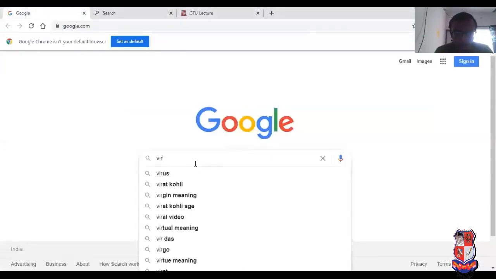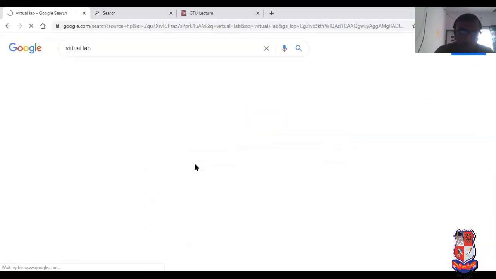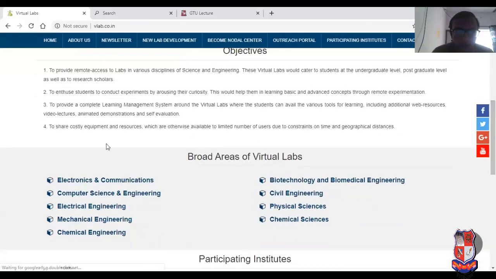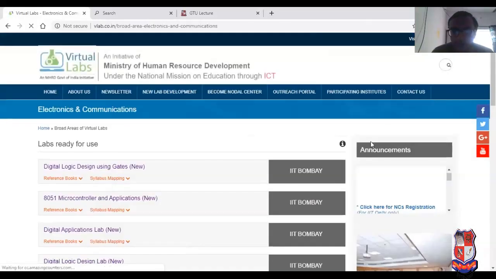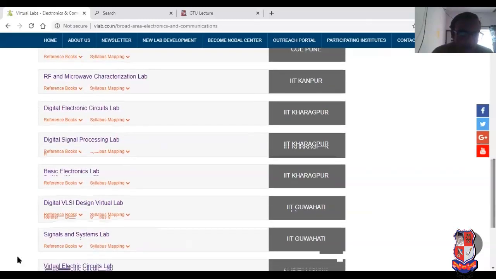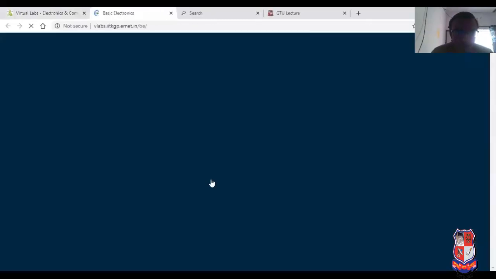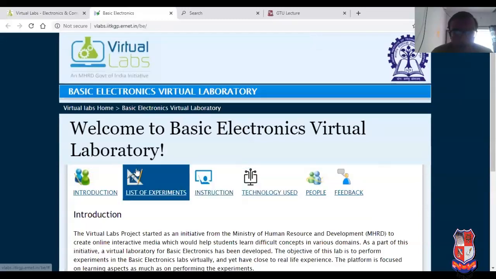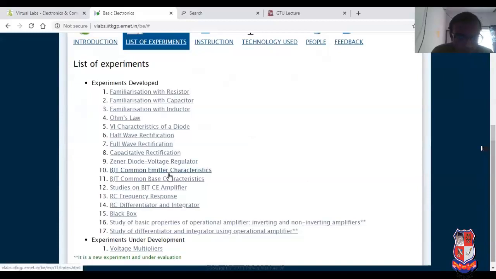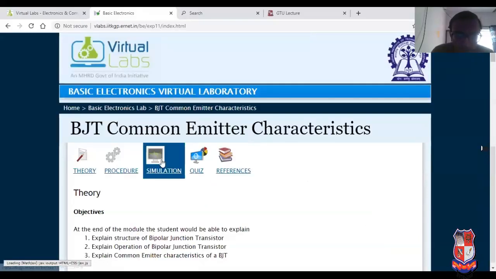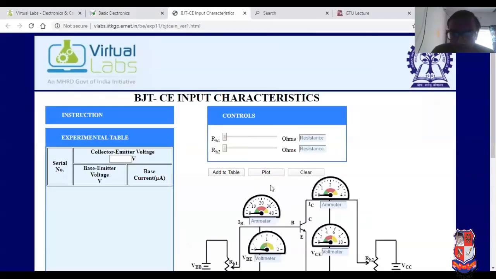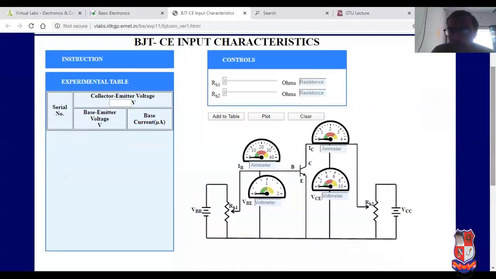See this virtual lab. List of experiments I have attached here. Common emitter characteristics. See, we have obtained the input characteristics. Base emitter junction connected in forward bias.